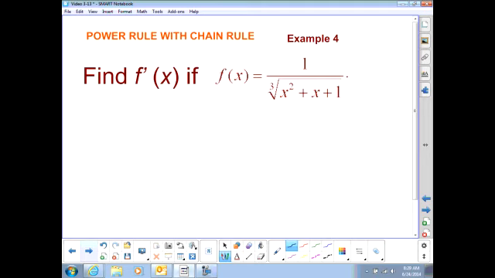All right, let's take a look at another one. This will be helpful to rewrite as x squared plus x plus 1, all raised to the negative 1/3.